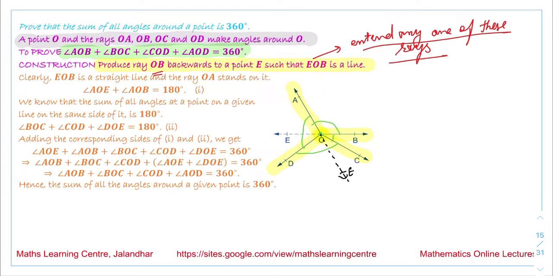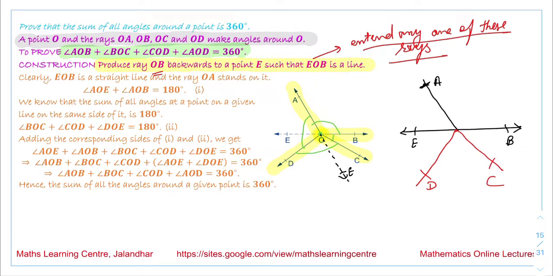So now what will happen over here is, if I am looking at this ray, suppose I have extended it over here, so what I am having now is, this is like E and this is B. Now I am having this A is over here, then we have this D is over here and C is over here.